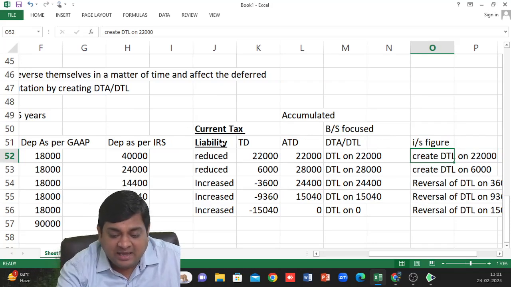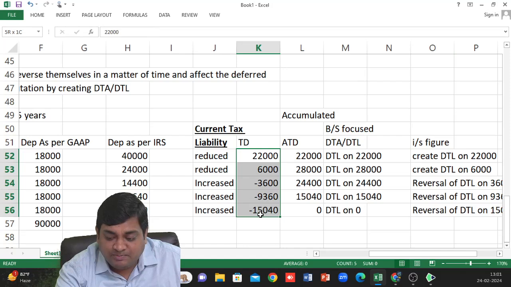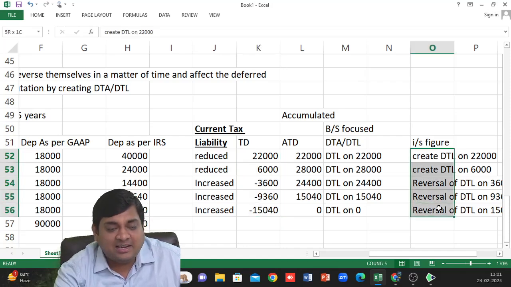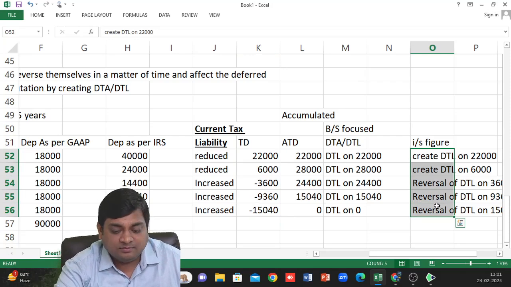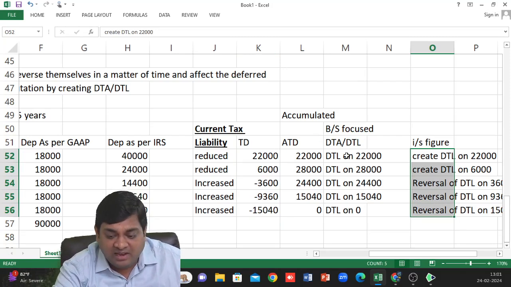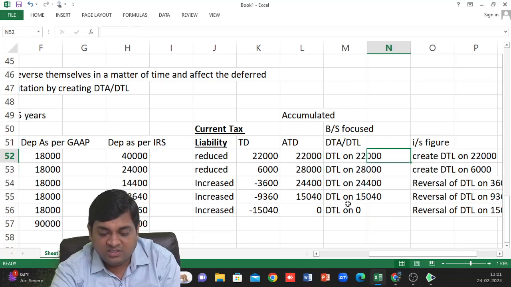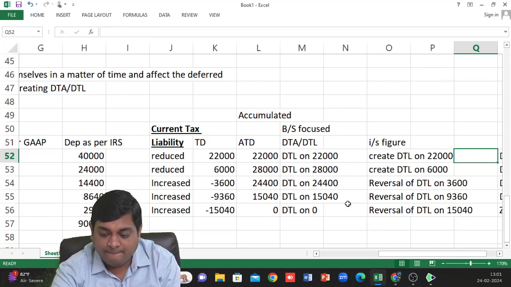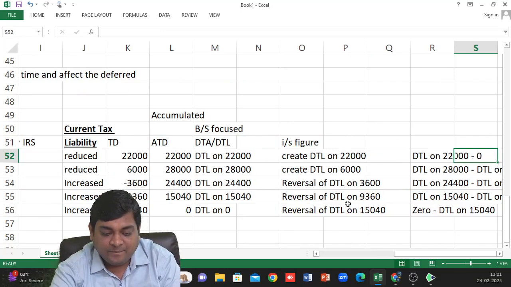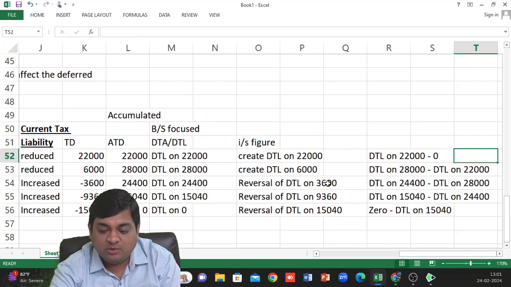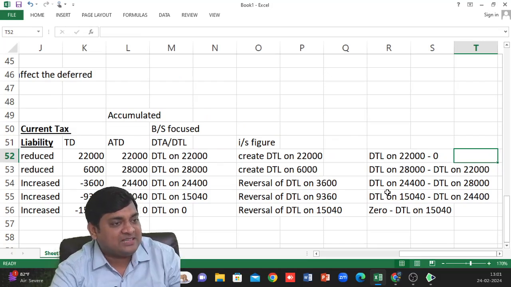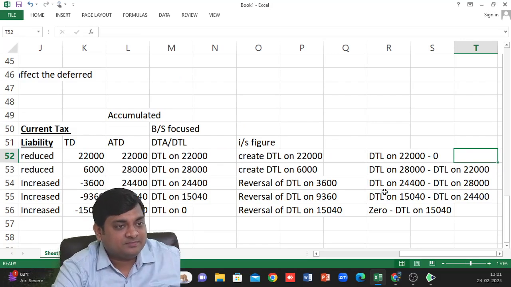If tax rate is same, with the help of TD, I can create DTL or do reversal. But if tax rates are different, we have to go by this balance sheet approach, which is just here. There are two ways you can calculate income statement figure. Okay, the closing deferred tax minus the opening.